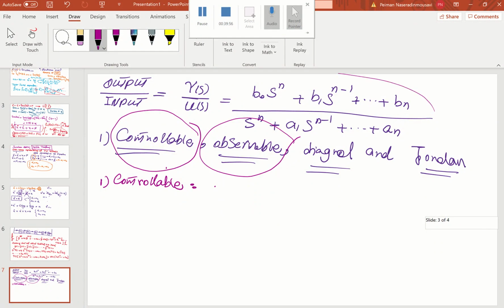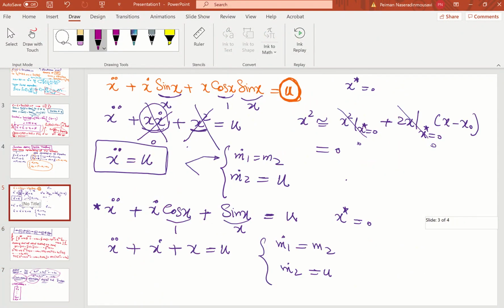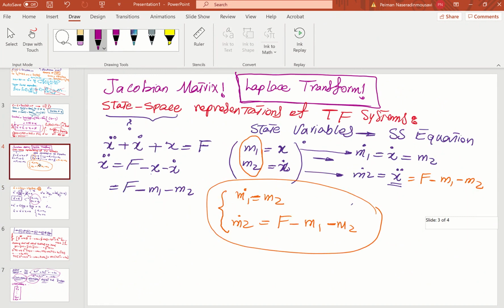Having this general form of the LTI systems in hand, this is the general form of the controllable system in state space: x dot 1, x dot 2, up to x dot n minus 1, x dot n. You are writing in the state space form. Look here. The state, instead of m, here is x. You understand? Instead of m, here is x.